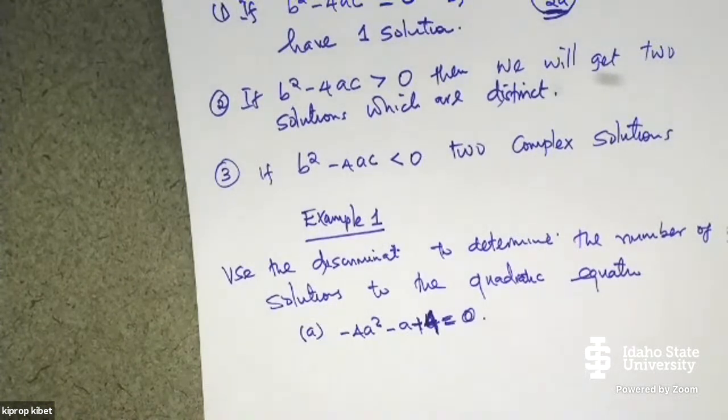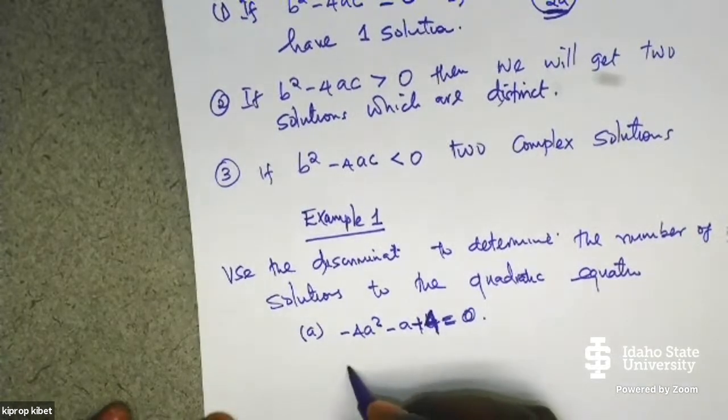So this is a quadratic equation. I use the discriminant, b squared minus 4ac, for the number of solutions there. So what is our a here?